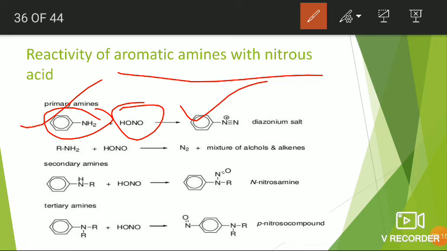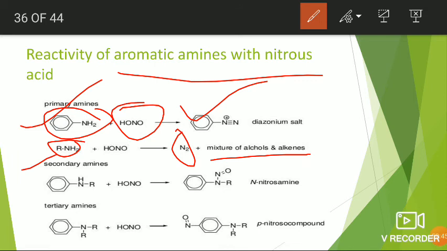This conversion of primary amine into diazonium salt is generally known as the diazotization reaction. I will discuss this in the next video. In the case of aliphatic primary amine, they liberate nitrogen gas and produce a mixture of alcohols, alkenes or alkyl halides based on the availability of nucleophile.